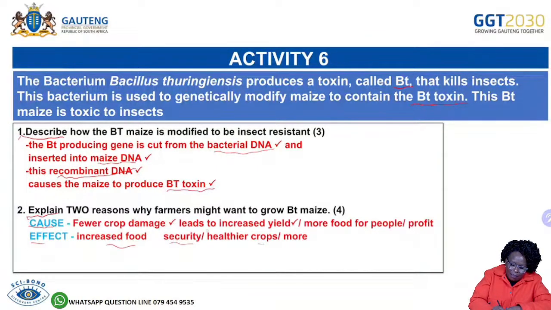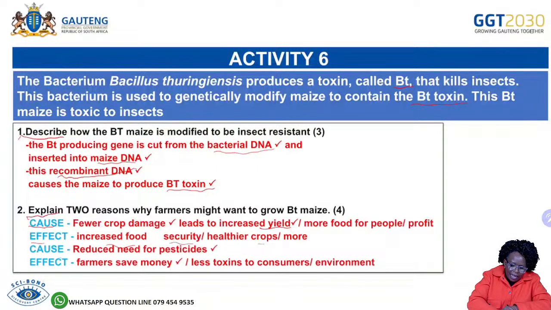Because fewer crop damage will lead to increased yields. We have more and more food for people and profit, for example. So explaining is a cause and effect scenario all the time. Make sure you maximize your explanation so that you get all the marks. For this, it was 4 marks and you can get your 4 marks.